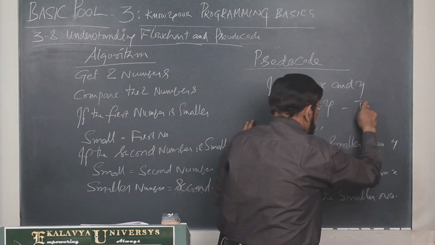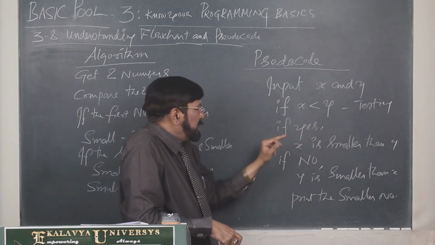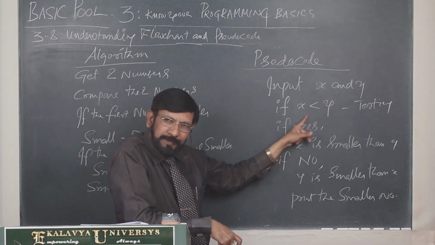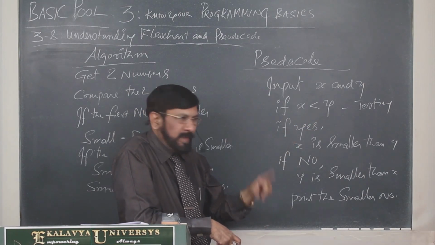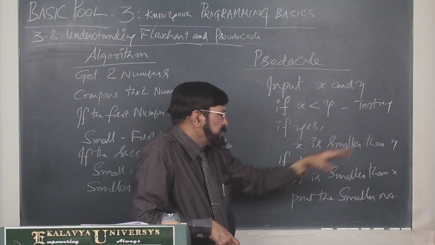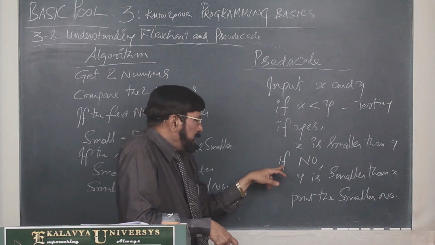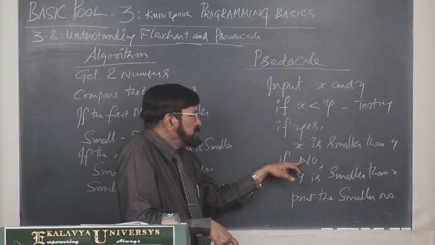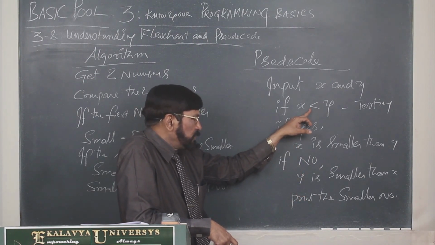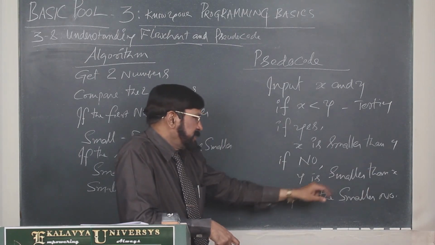Then it may be yes or no. If it is yes, x is smaller than y, that you are declaring. If no, it means it is not true, then y is smaller than x, that is declared.